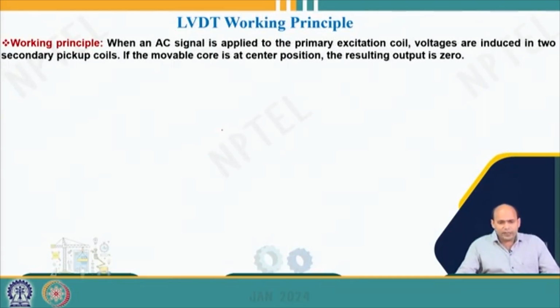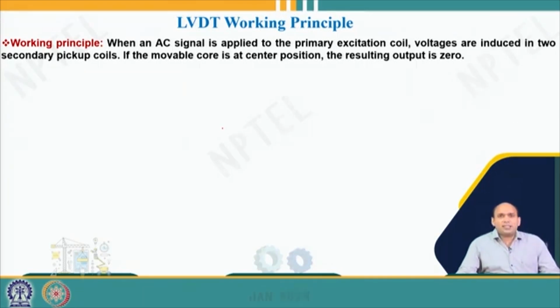So the working principle is, when an AC signal is applied to the primary excitation coil, obviously voltage will be induced in two secondary pickup coils, and obviously the flux cutting will be through the ferromagnetic core, is not it? Now if the movable core is at center position, meaning it is equispaced from both the secondary coils, then what will happen is that in both the secondary coils equal voltage will be induced. And now if they are connected in series opposition, then what will be my output voltage if the core is at center position? 0, is not it?